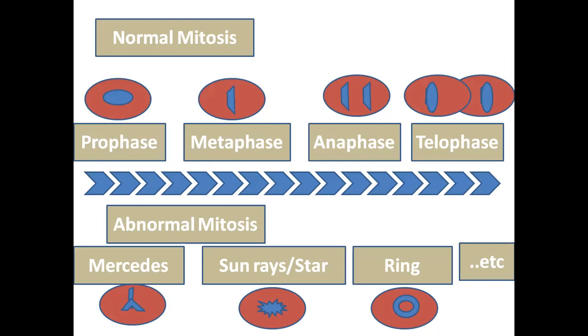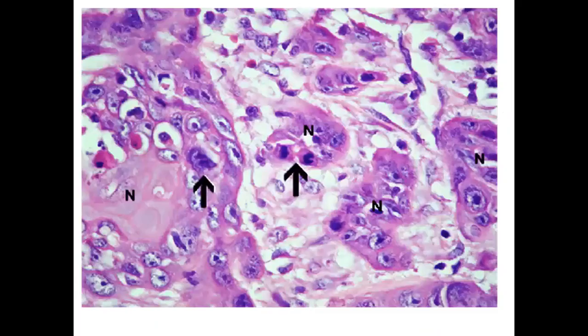Like we can see the chromatin of the nucleus organized in a Mercedes-like figure, and it is called Mercedes mitosis, or in a sun ray or star appearance. It is called sun ray or star mitosis. These are abnormal mitotic figures, or in a ring shape, okay? And these forms will be seen in malignant tumors, not in benign ones, okay?